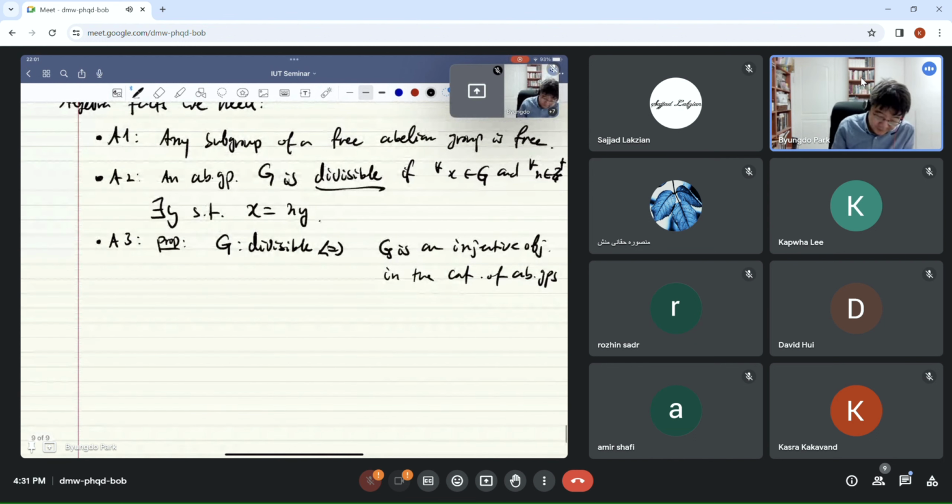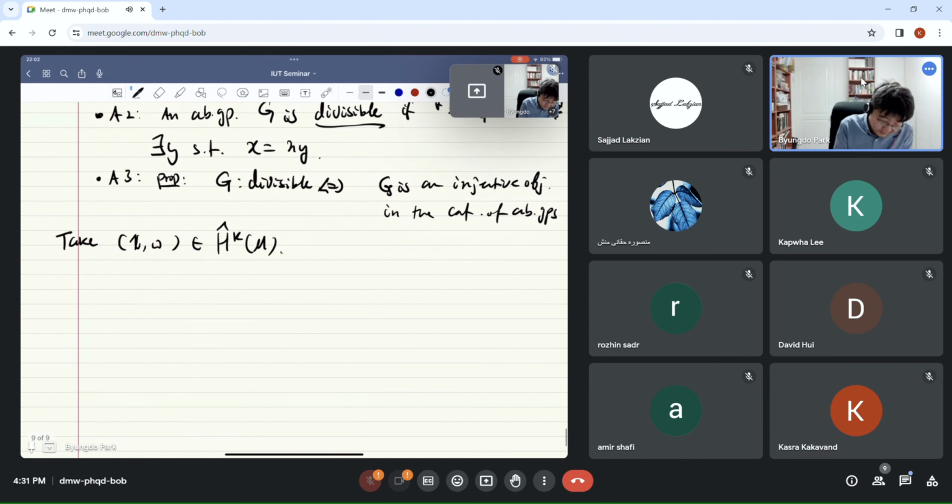Anyways, these are some ingredients we need. So now take an element (chi, omega) in H hat k of M. So then, what is chi? This is a map from, sorry, the (k minus 1)-cycles of M into R mod C.